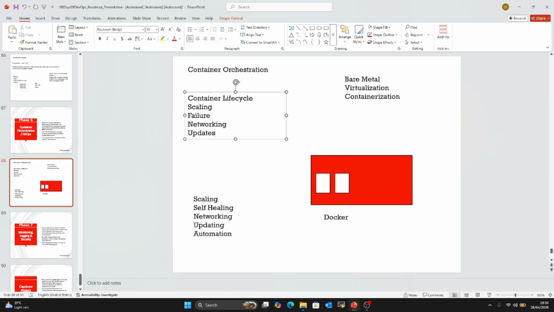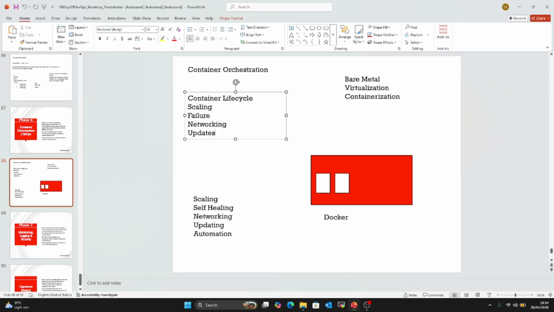I don't know if everything I've been saying in the past 5 to 10 minutes has actually made sense. But if it has, I really hope that you've gotten it. So we've been able to talk about containers. We started from bare metal, virtualization, containers, and we looked at the limitations of containers, right?